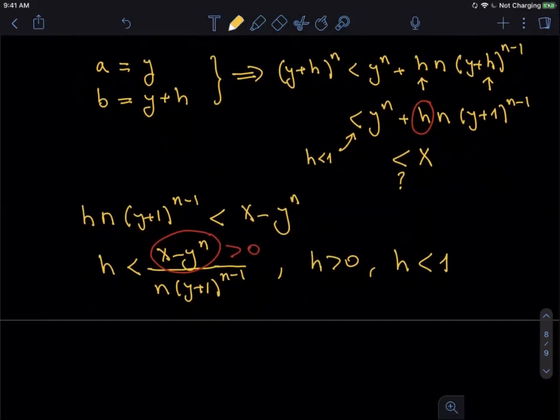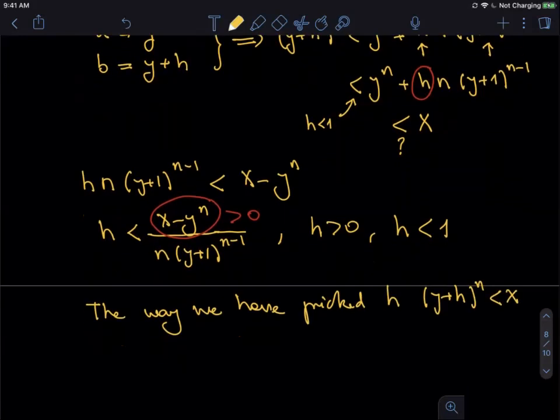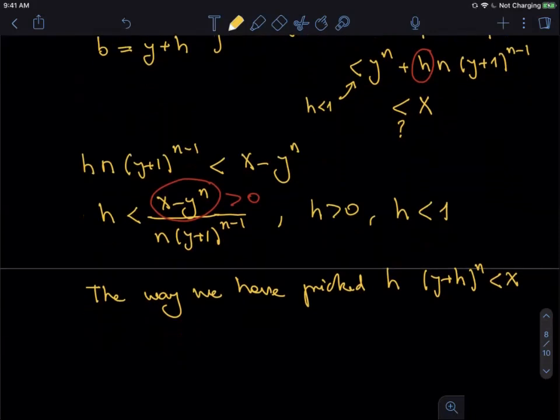And then we are done, because by definition, the way we have picked h, we have (y+h)^n less than x. And this is by definition. That's what we wanted to prove. So we are good to go.